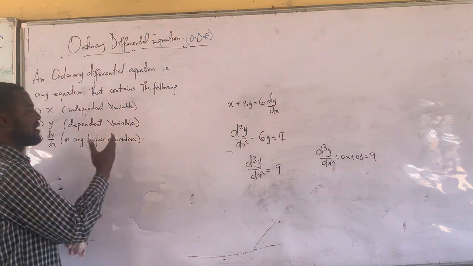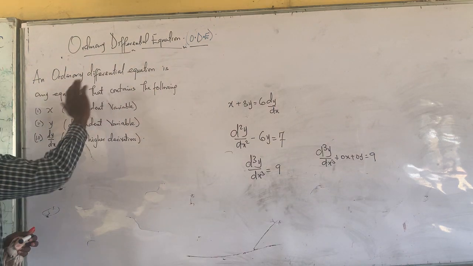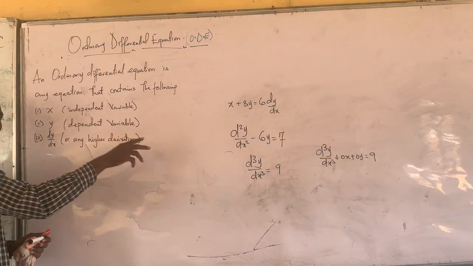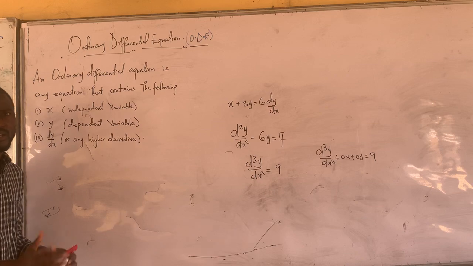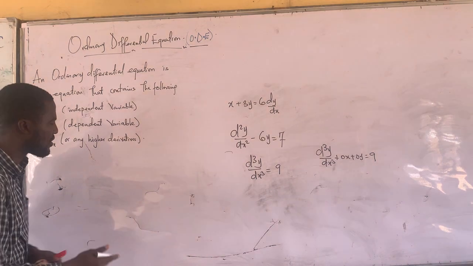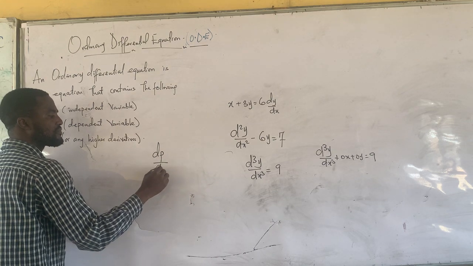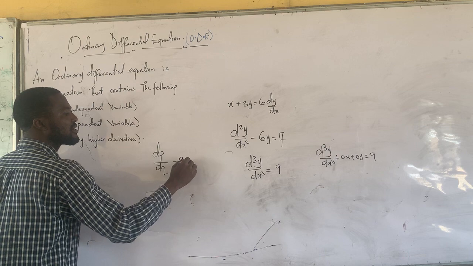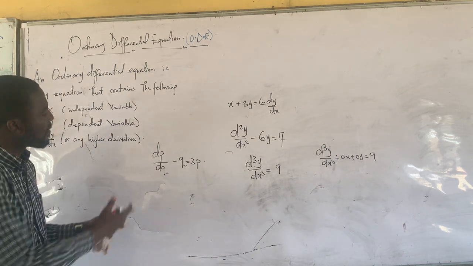And that brings us to the derivation. Here we said, an ordinary differential equation is any equation that contains the following. Number one, like I explained, x, which is representing the independent variable. Because at times, if I give you p dp/dq minus q equals 3p, some of us will be like, oh, why are we not having x?